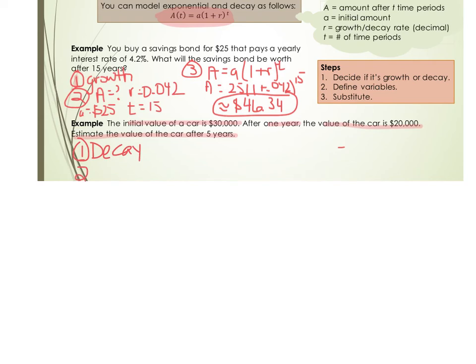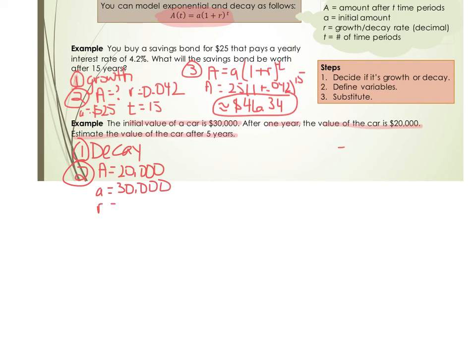Now this problem is unique because we have to set it up, we have to figure out what the rate of decline is. So we know our ending amount after 1 year is $20,000. We know by the first statement that the initial amount is $30,000.